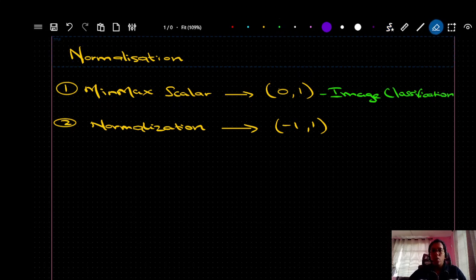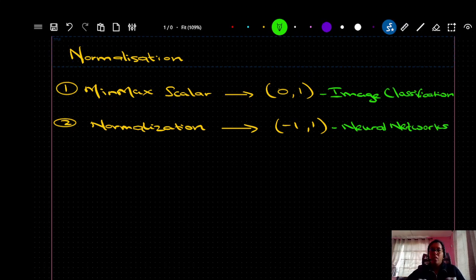And for normalization with values between -1 to 1, it is normally used in neural networks, which doesn't normally include image classification. So in general, neural networks in deep learning.